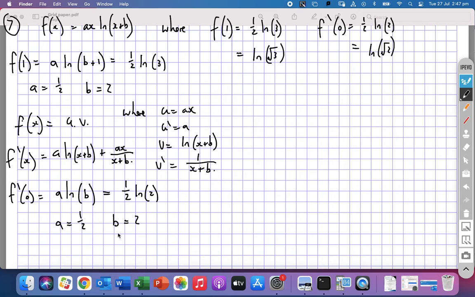Normally, what I'd be trying to do is rearrange and get an a equals from each equation and a b equals, and then I'd be trying to substitute the equation from the function into an equation from the derivative or vice versa. But here, I'm convinced, and I wouldn't worry about doing anything else with that question. We've solved it.